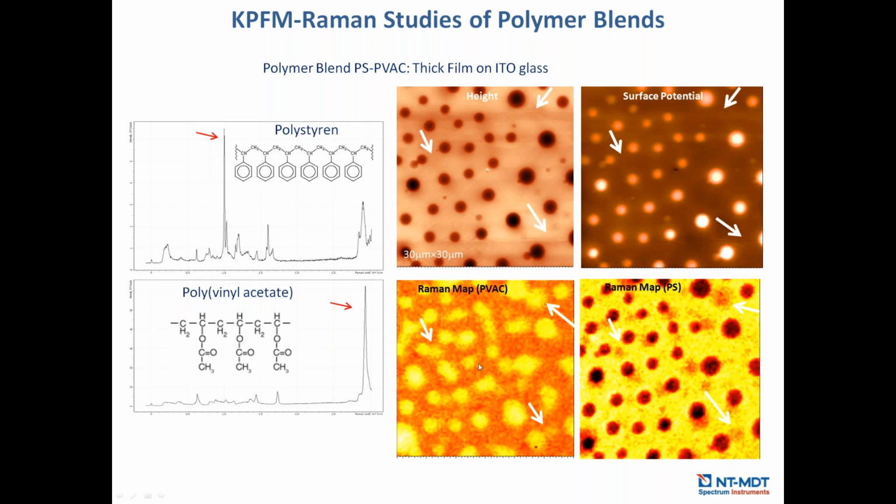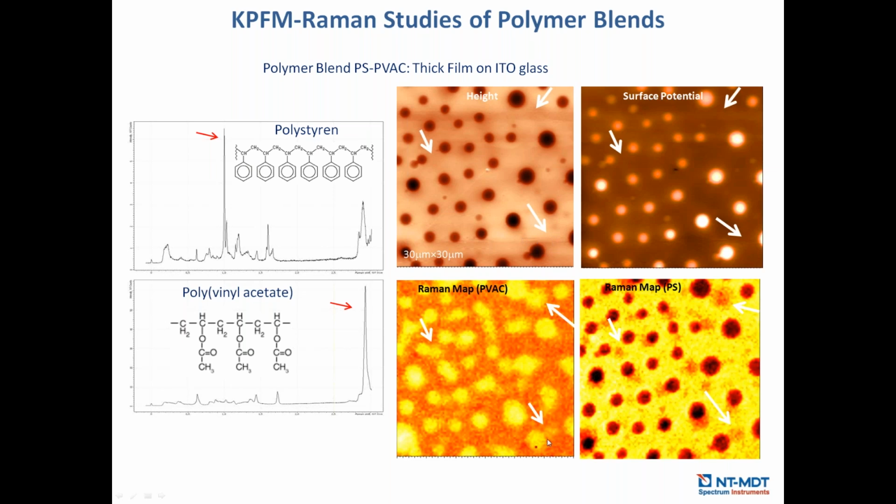Two bottom maps were acquired by the selected Raman peaks, which correspond to PVAc and PS polymers. And from the same area, topography and surface potential were acquired. So it's interesting that in some regions we can collect signal from polyvinyl acetate, but it doesn't show any contrast on the topography.